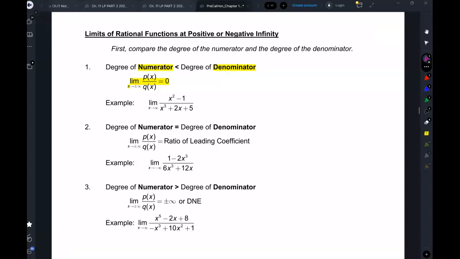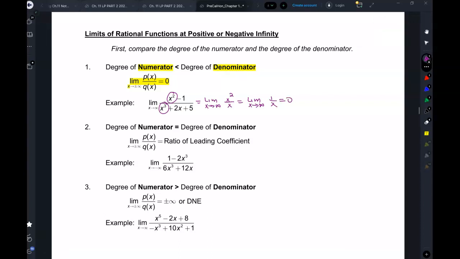Take the leading term from the top, the leading term from the bottom. This will reduce to the limit as x approaches infinity of x squared over x cubed, which is the limit of 1 over x. And now this is clearly 0, right? 1 over an infinitely large number is going to be 0.